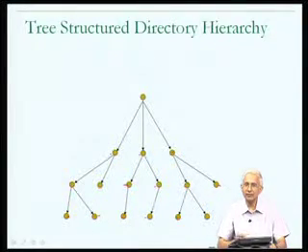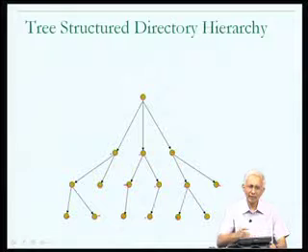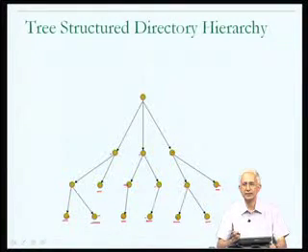Some of the other files in this hierarchy are going to be files containing data that a user can use. And as you would imagine, any intermediate node in the hierarchy is going to be a directory, and it is the leaf nodes in this hierarchy which are going to be the data containing files.